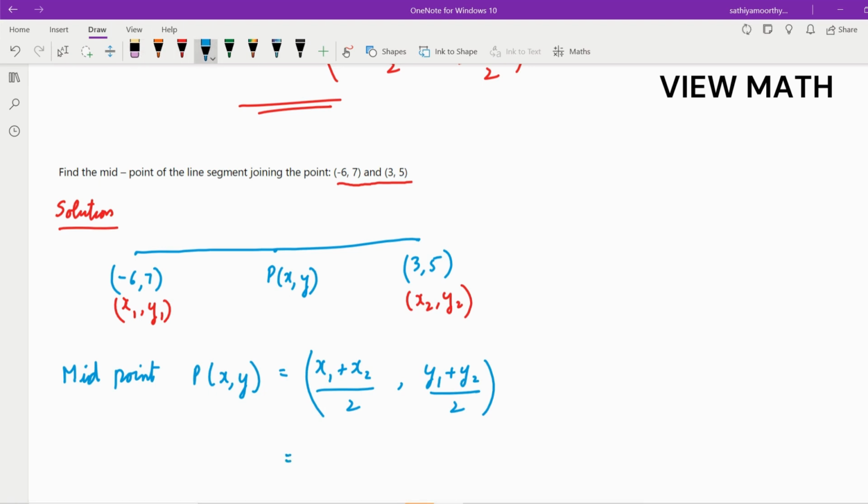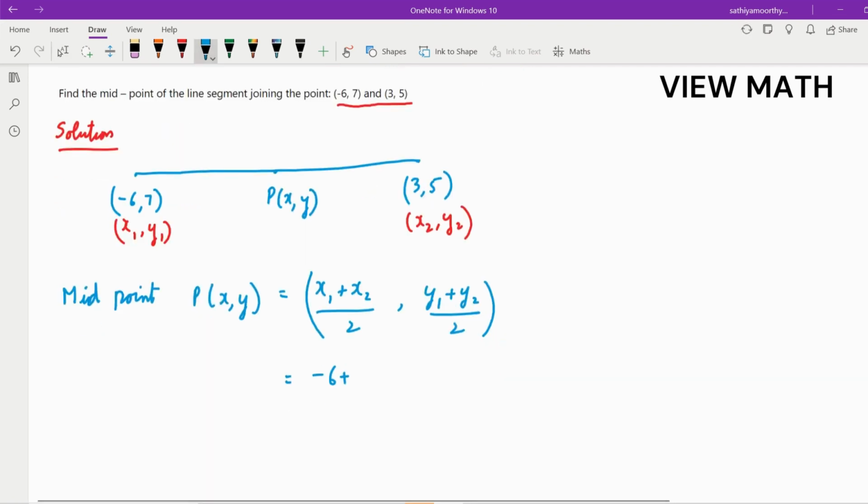This is equal to x1 is -6 plus x2 is 3 divided by 2, y1 is 7 plus y2 is 5 divided by 2.